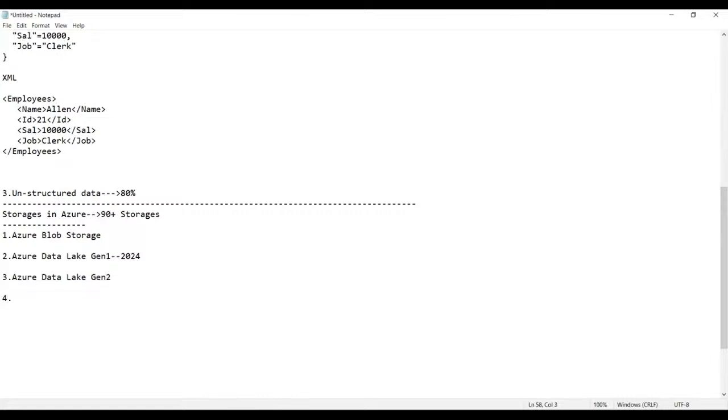Then we have Azure SQL DB, the SQL database. Then Azure Cosmos DB.